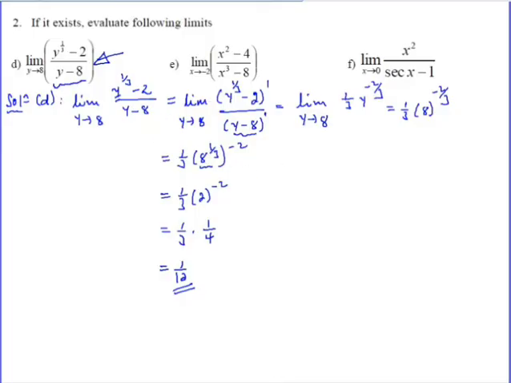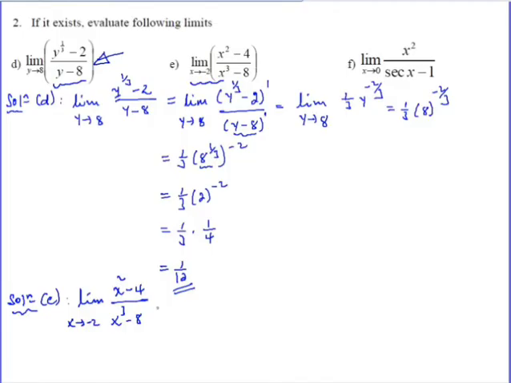Okay, let's move to the e part. In e we have the limit of x squared minus 4 over x to the power of 3 minus 8, as x approaches minus 2.